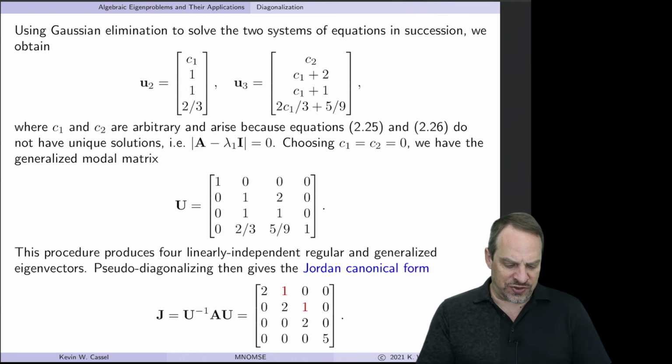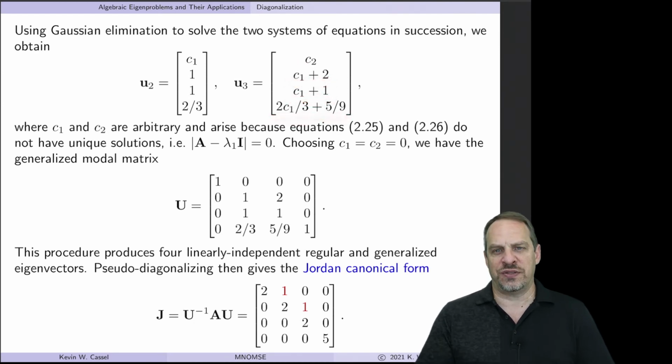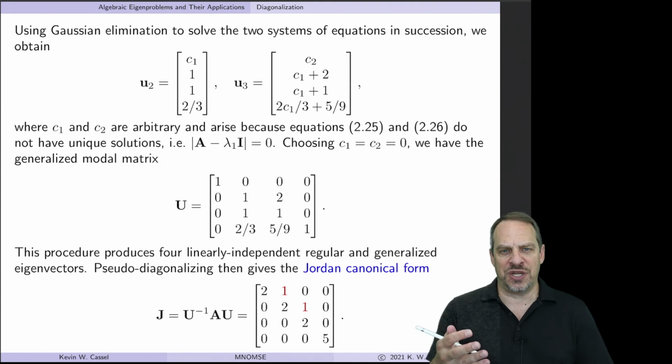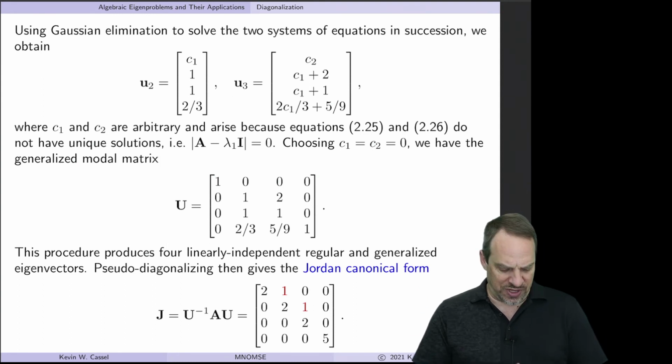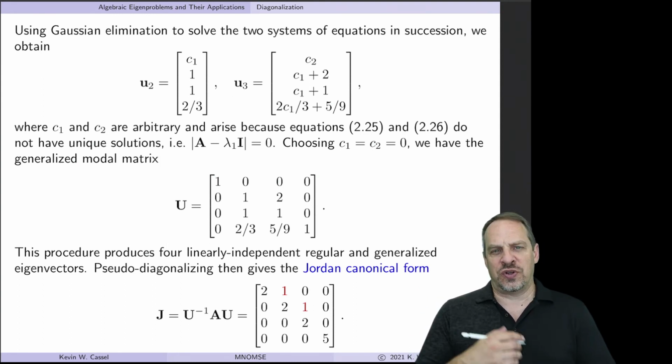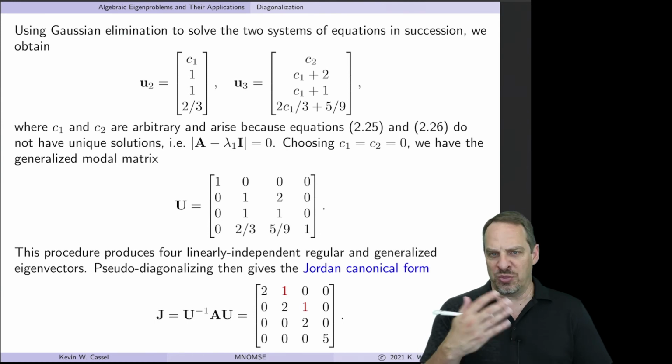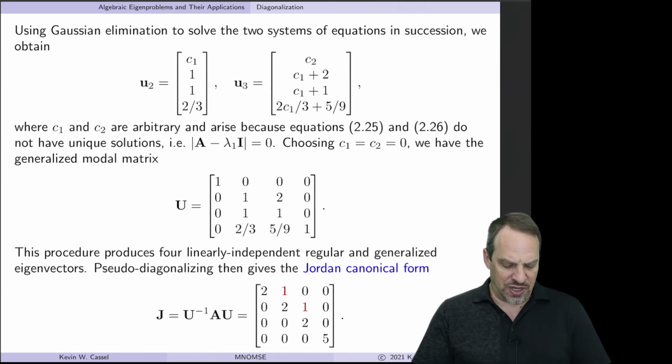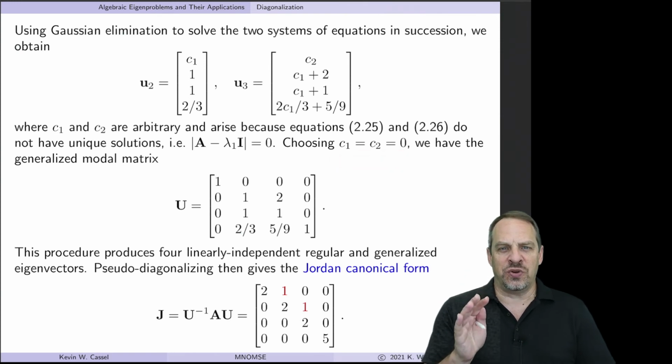And you'll find that it is C2, C1 plus 2, C1 plus 1, and 2/3 C1 plus 5/9. Again, from the same Gauss elimination steps, this is what we get. Now we can choose our constants, C1 and C2, arbitrarily, because they're arbitrary constants. And so I'm going to choose zeros. As always, just be careful that when you choose your constants, the resulting eigenvectors are indeed linearly independent.